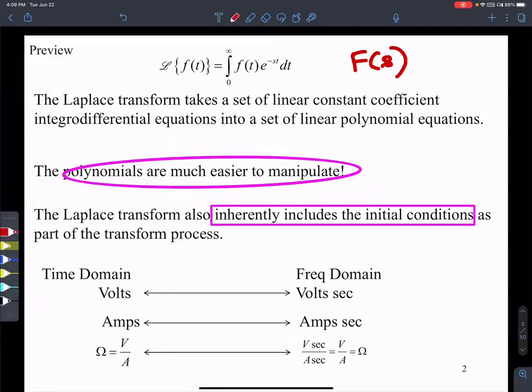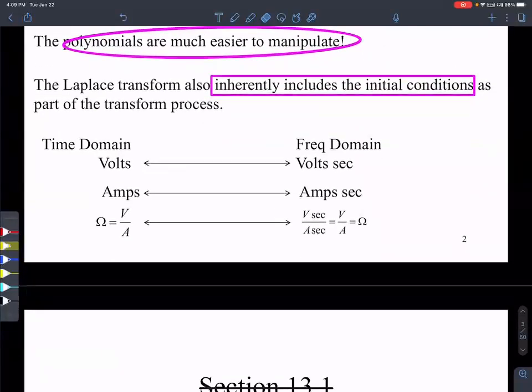One of the advantages is that it converts differential and integral terms of popular or frequently used circuit signals from integral and differential forms into polynomials. Polynomials are easy to manipulate, and these also inherently include the initial condition.